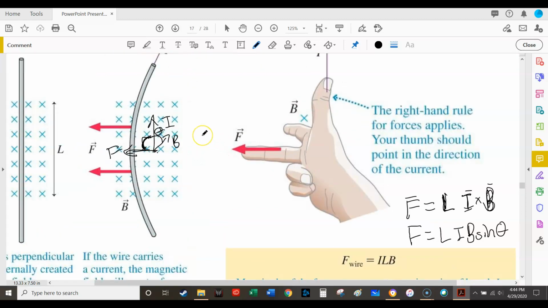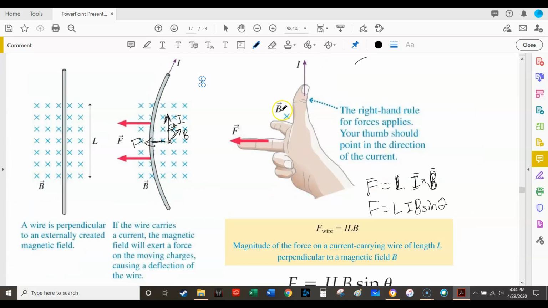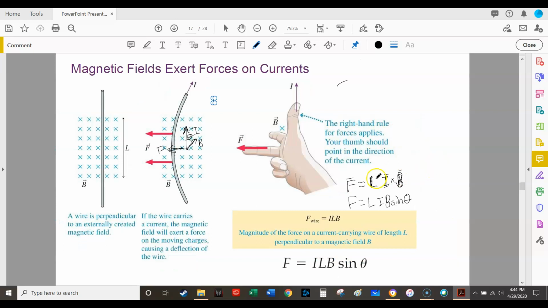Let me zoom in on this. Magnetic field is into the page, and the current is pointed up the page. When the current is pointed up the page, the angle between the current and the magnetic field is theta, right? And that gives rise to a force. So this is a current-carrying wire in a magnetic field and a force. That magnetic field then creates a force on that current-carrying wire.